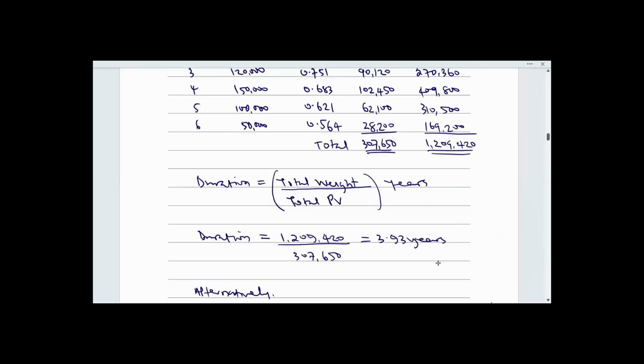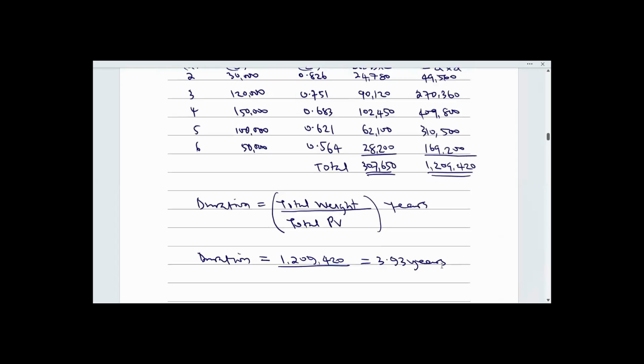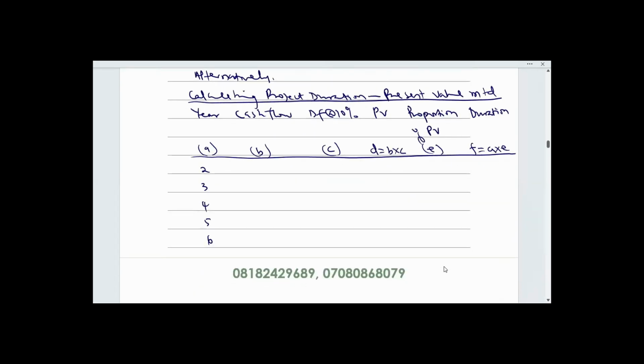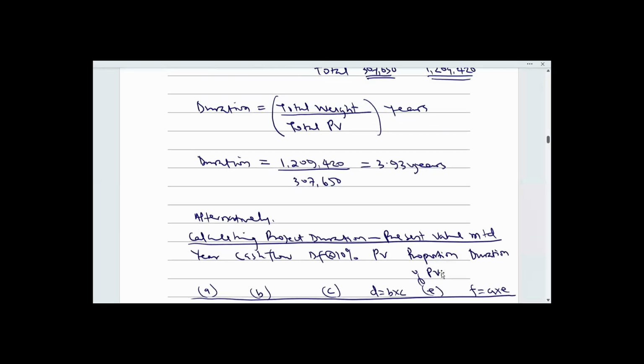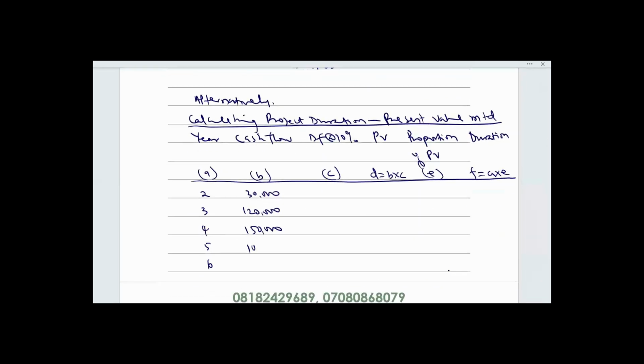The year 2 cash flow is 30,000 naira, followed by 120,000, 150,000, 100,000, then 50,000.